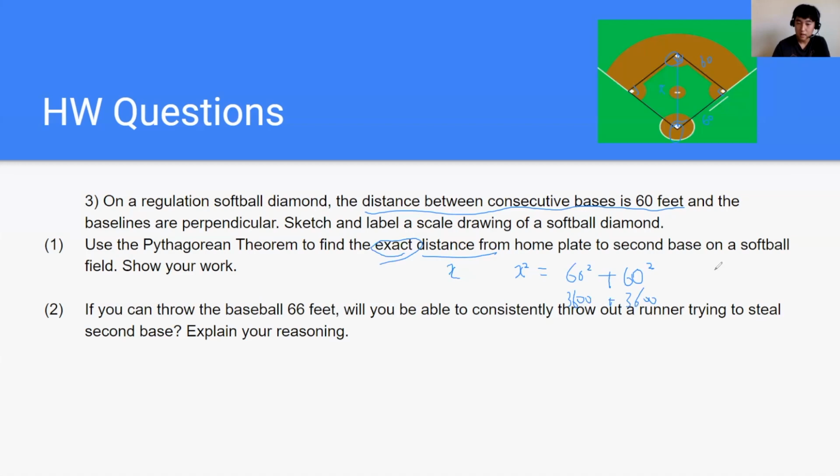And 7,200. And you put the square root. Okay, this is the exact number, but you can simplify. So you can take out 100 from it.